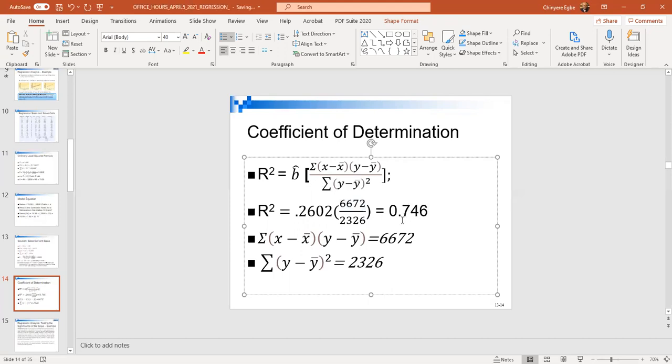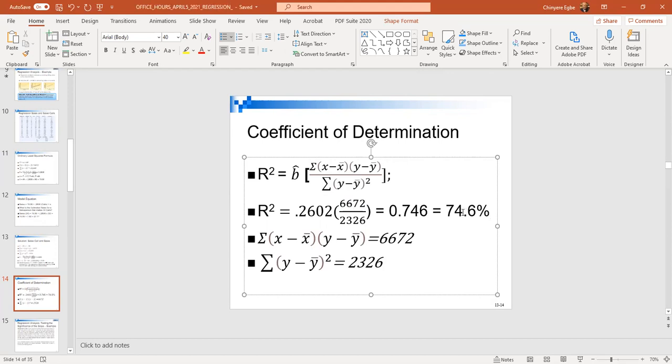So r squared is 0.746, which simply says, and let's write it properly, 74.6%, that 74.6% of changes in sales is explained by sales calls.